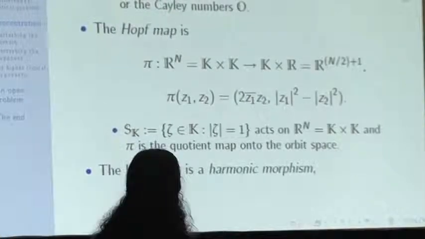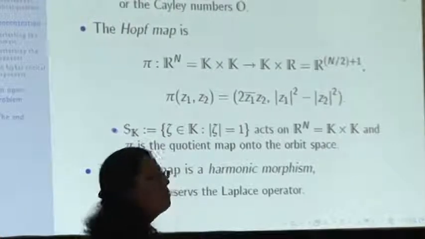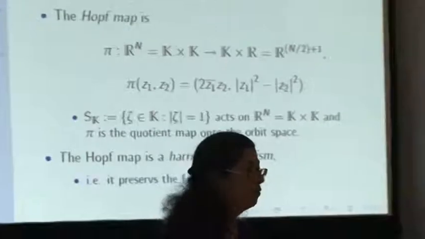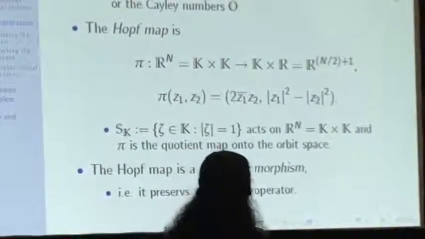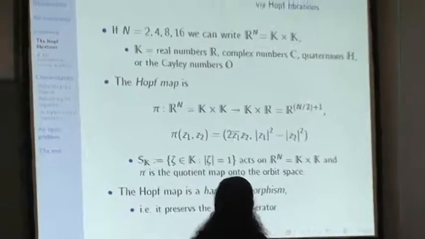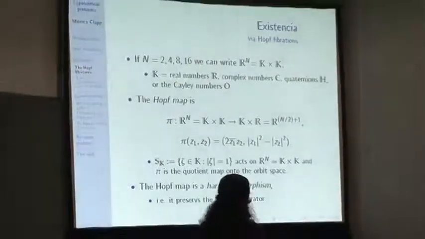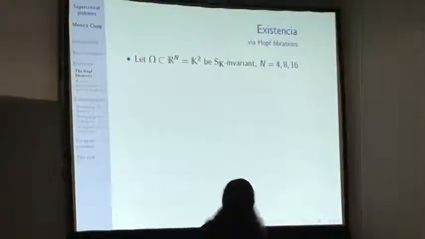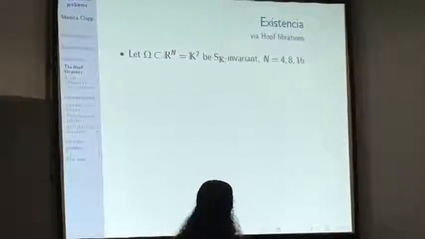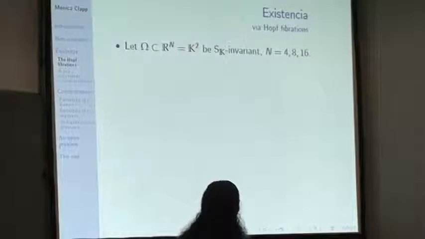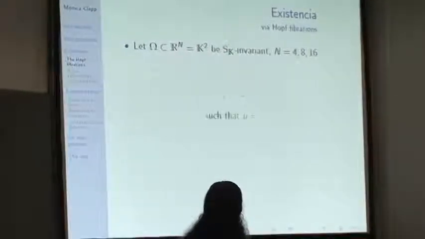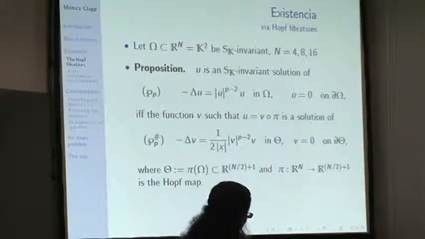And what does this mean? This means that it preserves the Laplace operator. So let me show you precisely what we are going to use. Let us take omega in K squared to be invariant under the unit sphere in K. Then we have the following proposition.